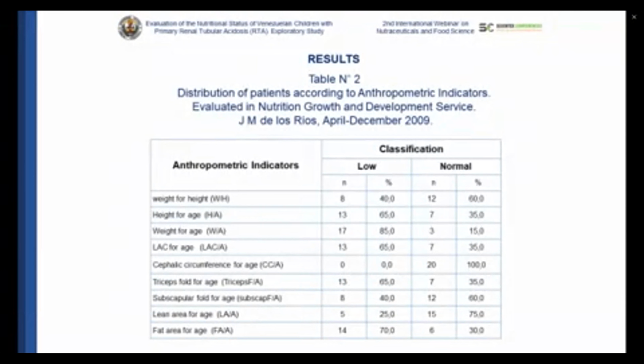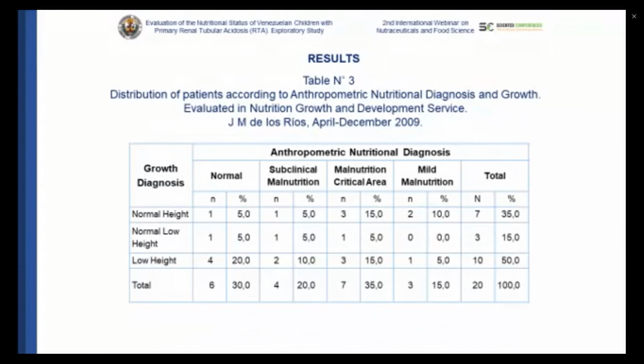The muscular area for age is also an important parameter to highlight, as it indirectly refers to body composition of the cases studied, and when we see that 5 children fall in the low range, it simply indicates that the protein reserves are low. The fat area for age is another indicator for body composition, and as can be seen in this study, 14 cases, 70%, present this parameter in the low range.